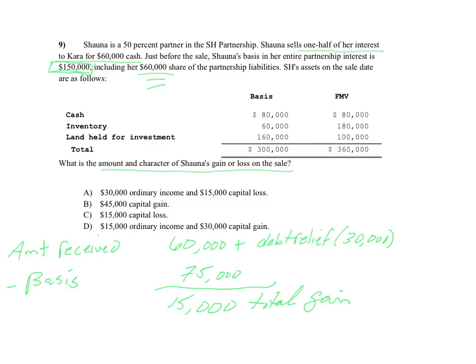All right, now we also have to figure out whether it's a capital gain or an ordinary gain, right? So we need to look at these things, okay? So when we look at her balance sheet, what do we see? Okay, we've got land, that is not a hot asset. We've got cash, that is not a hot asset. We have inventory, that is a hot asset, okay?